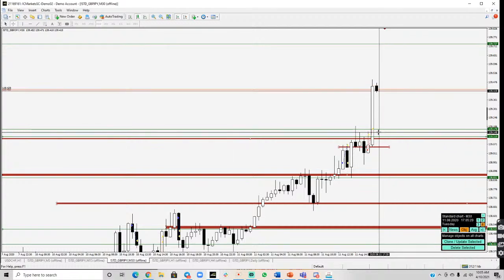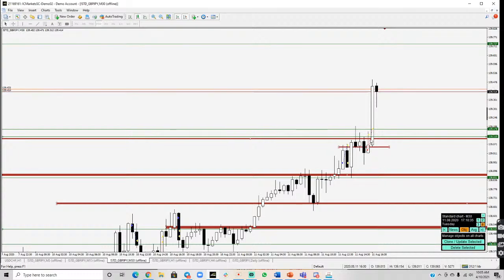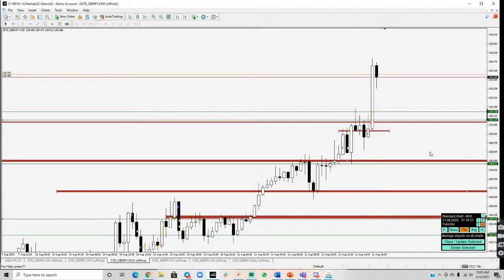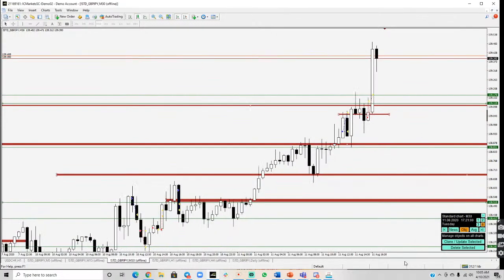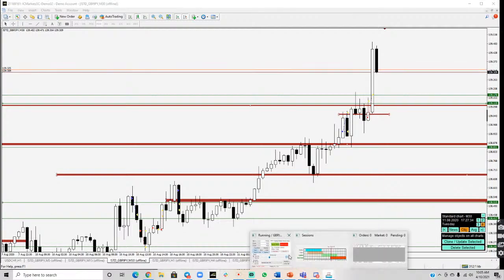It's a nice move. It's like 34 pips. I think the only option would be as price starts to break above this level. Yeah, it makes sense. Makes perfect sense.